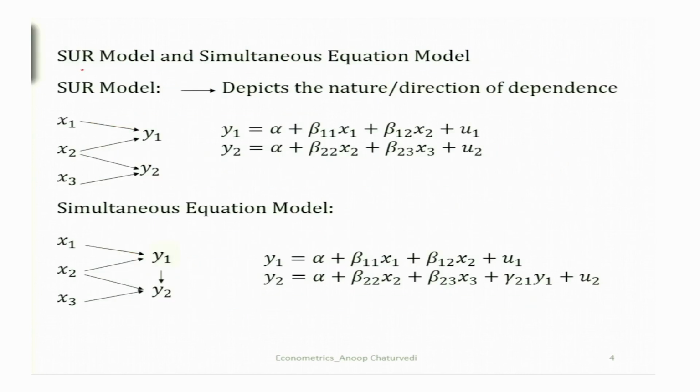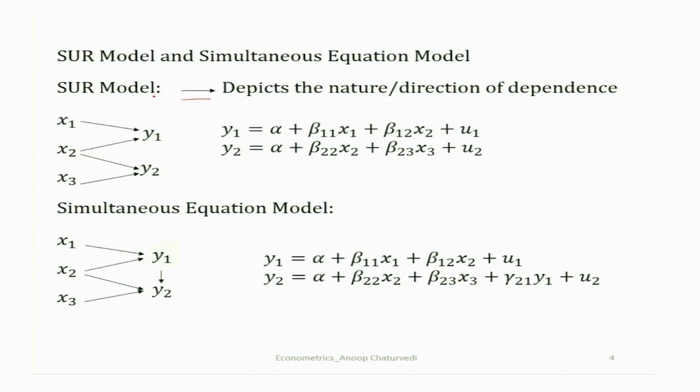Now, we consider the difference between the seemingly unrelated regression model and the simultaneous equations model. In both models you have a set of equations, but there is a difference between the nature or direction of dependence. This arrow denotes the nature or direction of dependence.